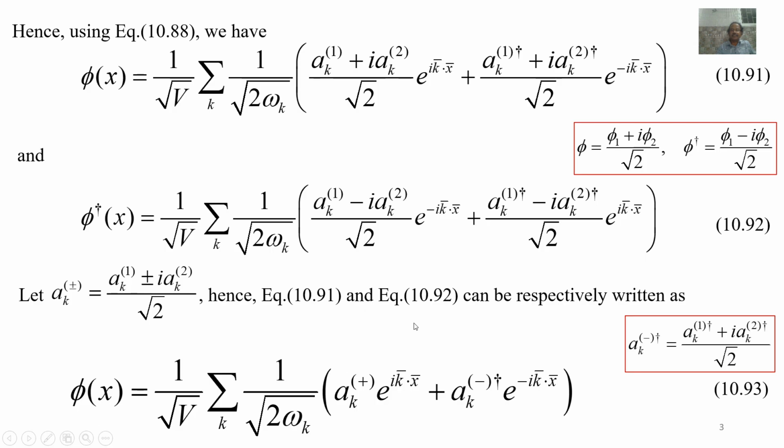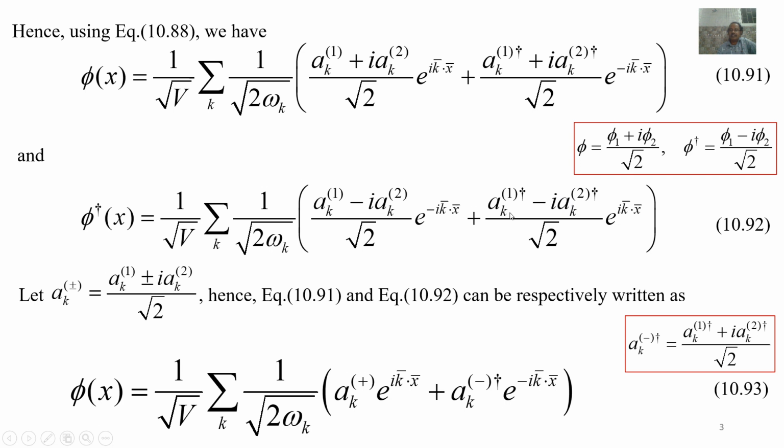So this term can be replaced by a_k minus, and this term can be replaced by a_k plus. See here, look at equation 10.93. So this becomes a_k plus e power ikx, and this term becomes a_k minus dagger e power minus ikx. Similarly, this term can be written as a_k minus, whereas this term you are going to take the complex conjugate, so this term will become plus.